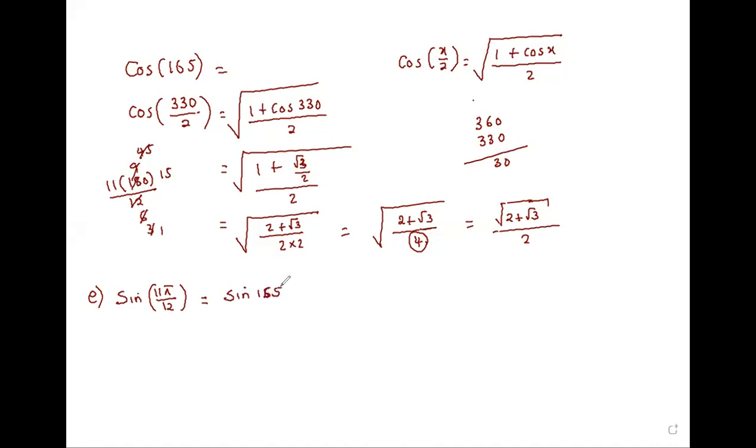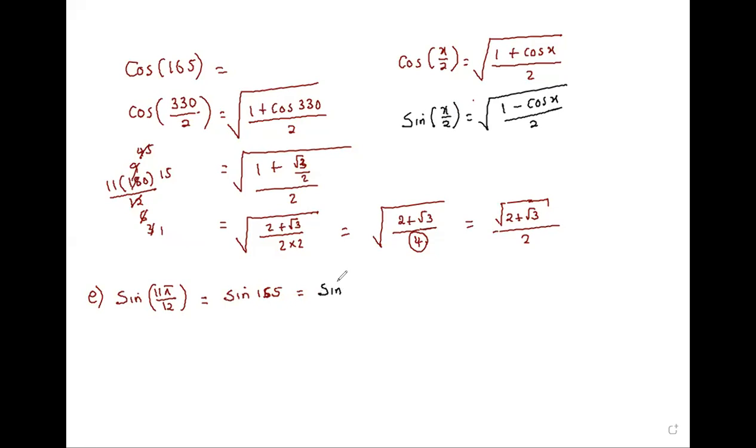So this is like sine 165. So for sine again, we have a similar identity. Let me put the identity. So we have sine x over 2 is equal to the root of 1 minus cos x over 2. So again, you can do the same.